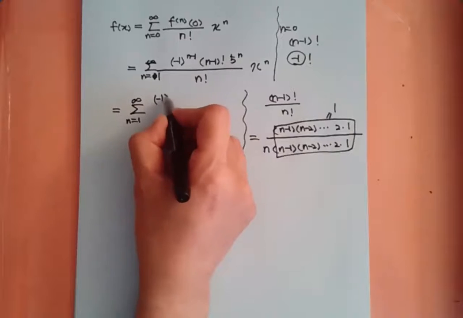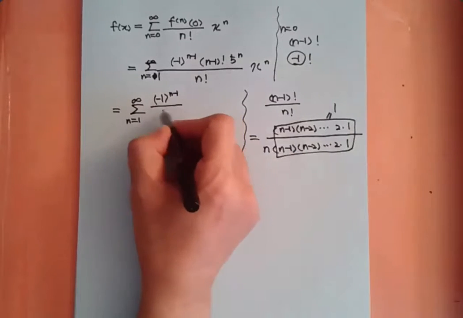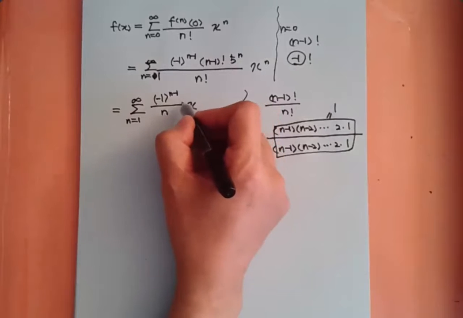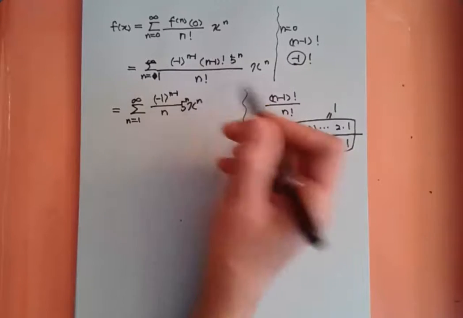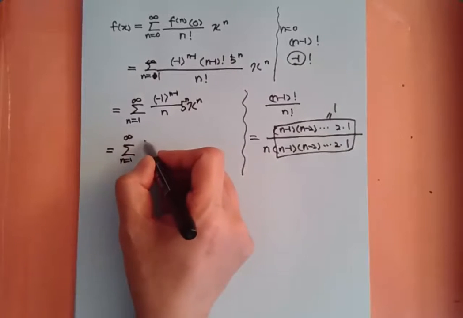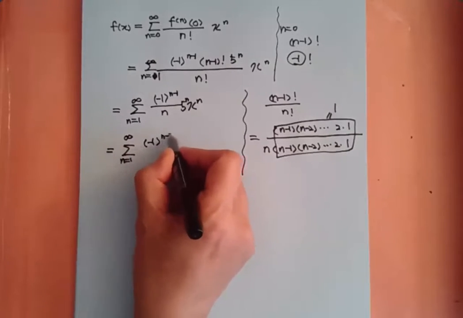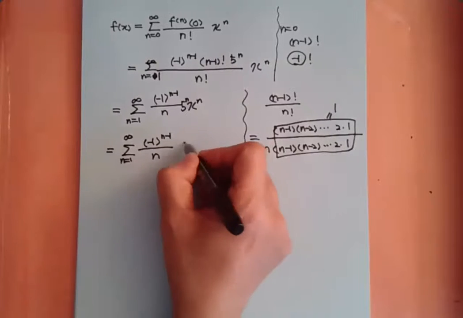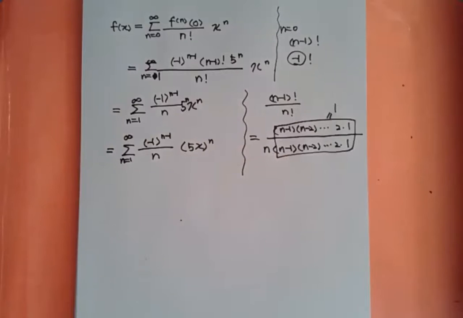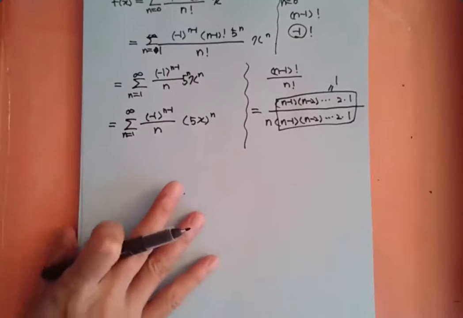So negative 1 to the n minus 1 over n times 5 to the n power, x to the n power. So summation n equals 1 to infinity, negative 1 to the n minus 1 over n, 5x to the n power. So this is the final answer. So this is the Maclaurin series for the given function.